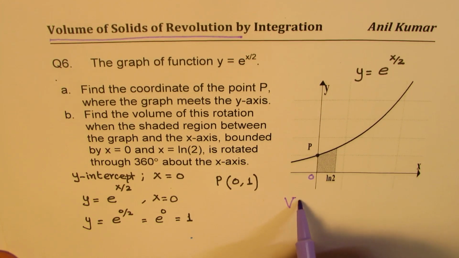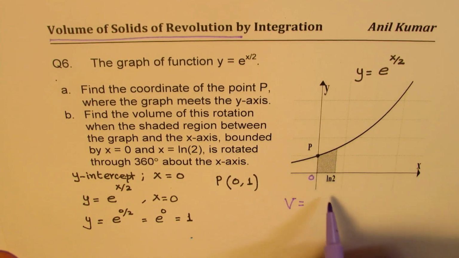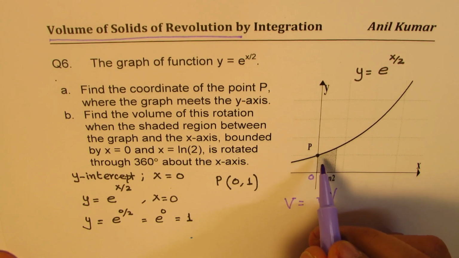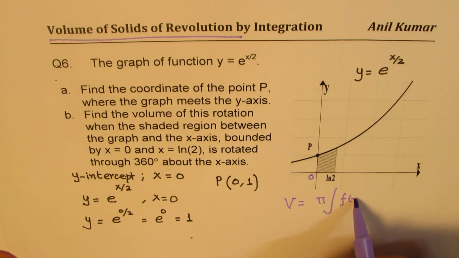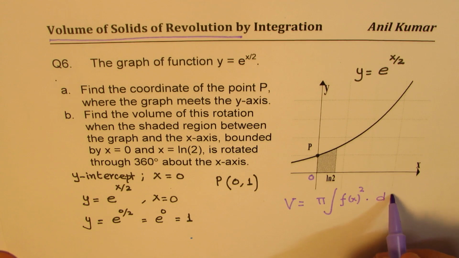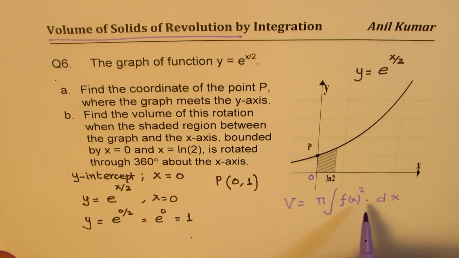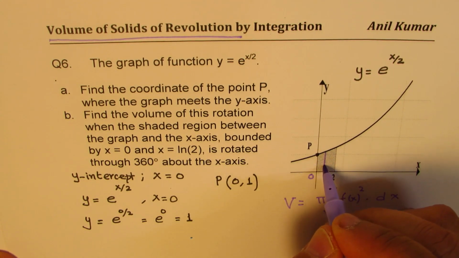Well, the concept is that the volume is equal to pi times the integral of the value of the function f of x whole square times dx, right? So the concept is that we take a small strip here.